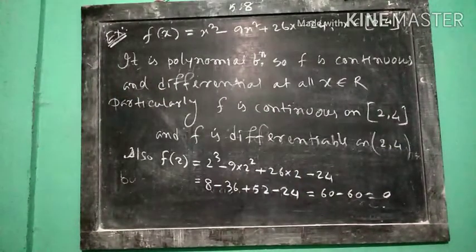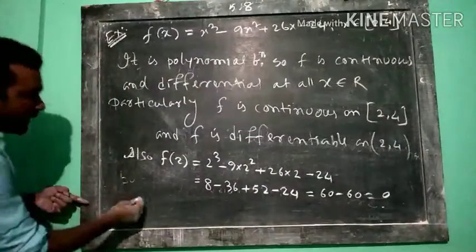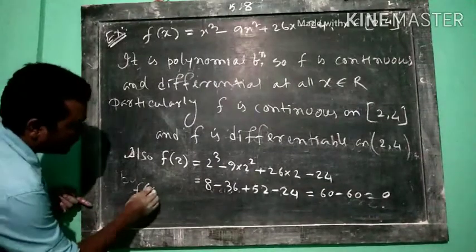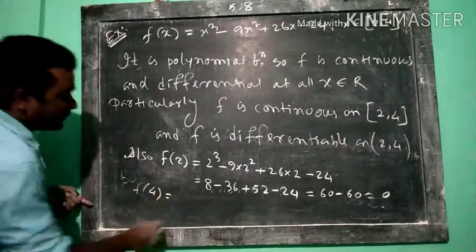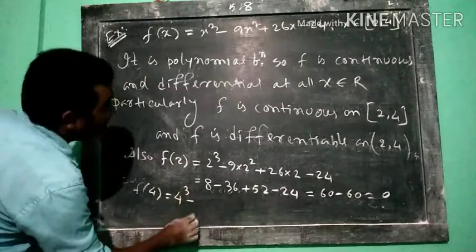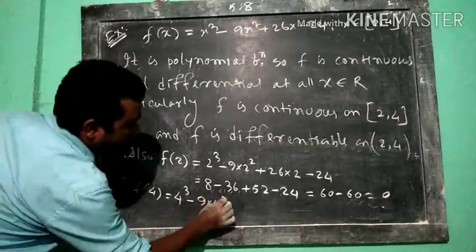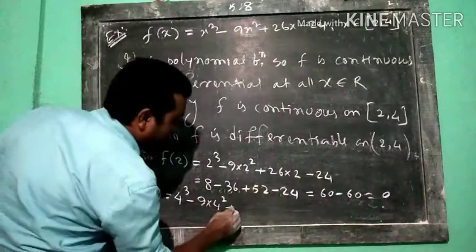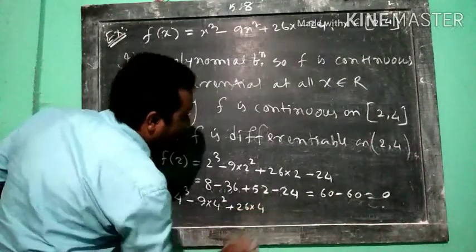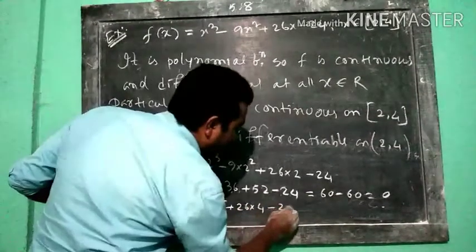Okay. So this is equal to 0, and f of 4 is equal to 4 cube minus 9 into 4 square plus 26 into 4 minus 24.